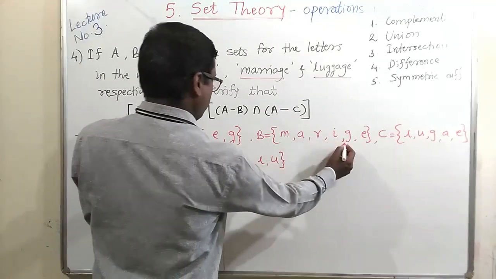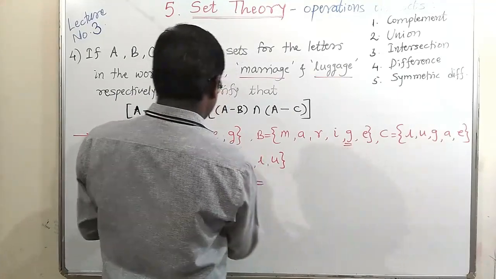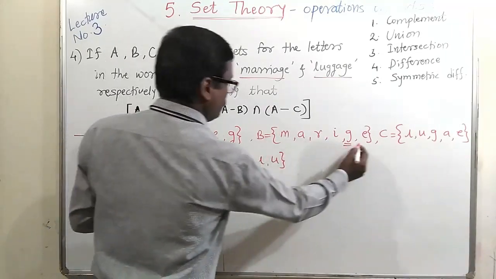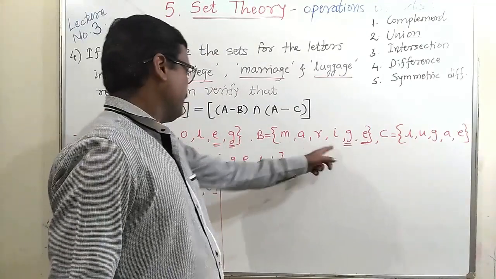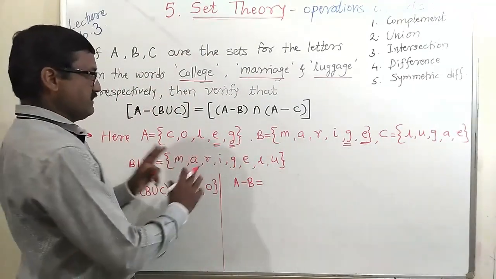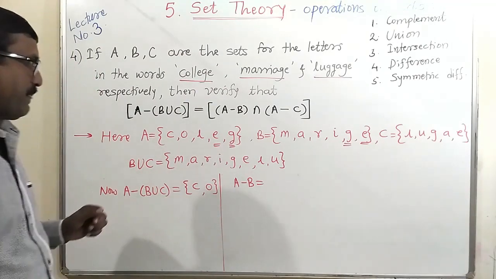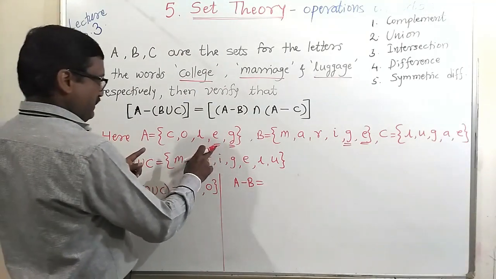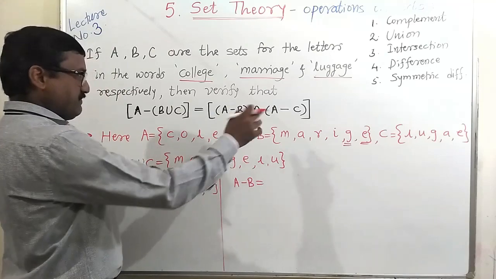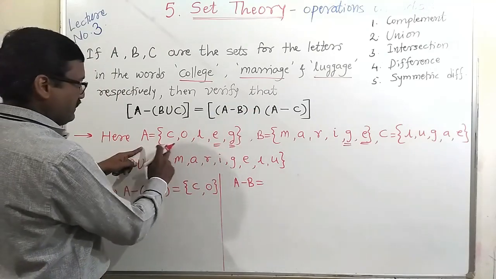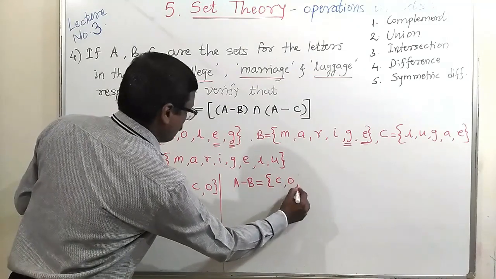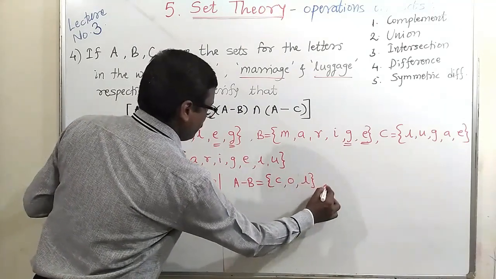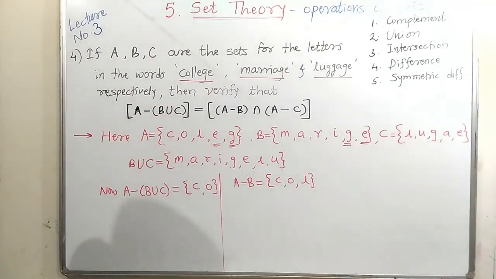Those are nothing but G and E. Because here is M, A, R, I, here C, O, L, E. These are different elements. So now subtract the elements E and G from A and write the set of remaining elements, that is C, O, L. This is set A difference B.